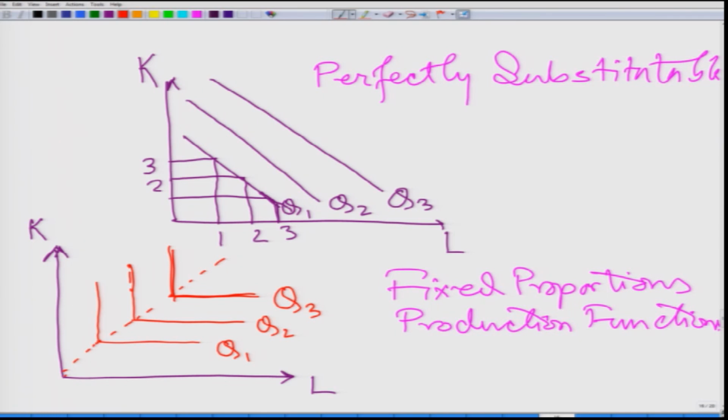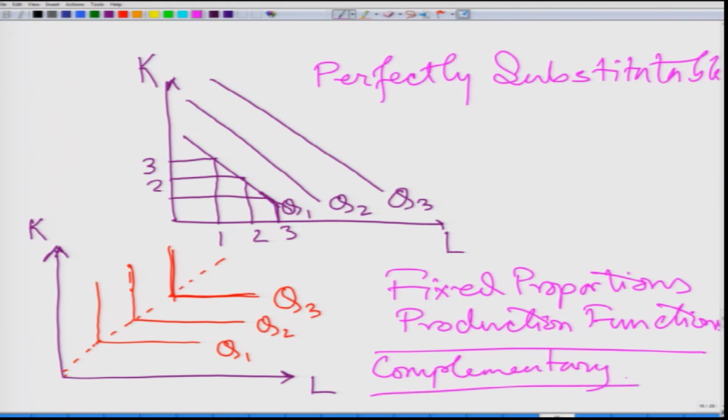Now, why do they look like this? This can happen when the factors of production are complementary to each other.